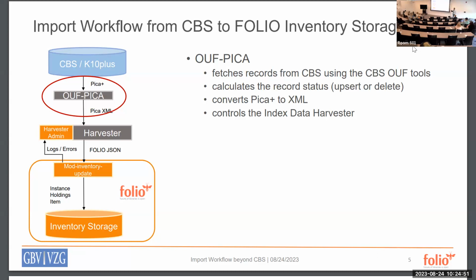And OF Pica is a bundle of little scripts to fetch records from CBS by the CBS OF tool to calculate the record status. Is it an insert? Is it an update? Or is it a delete? And it converts the Pica Plus format to Pica XML and gives information to the next module, the index data harvester.